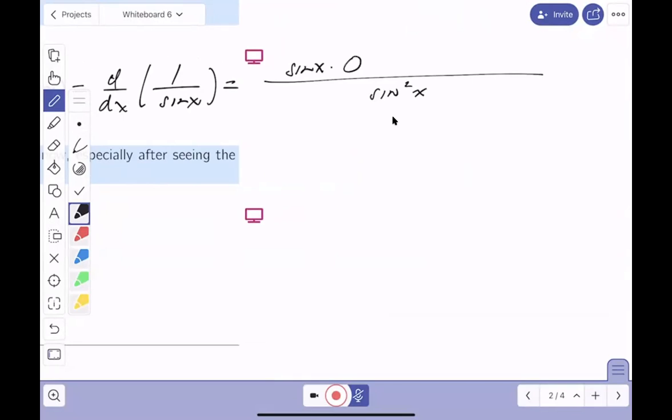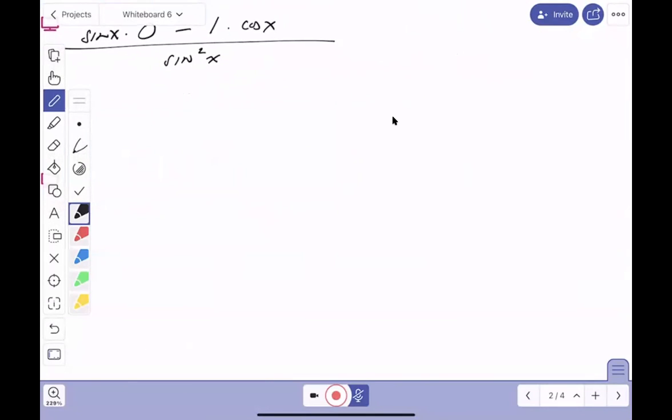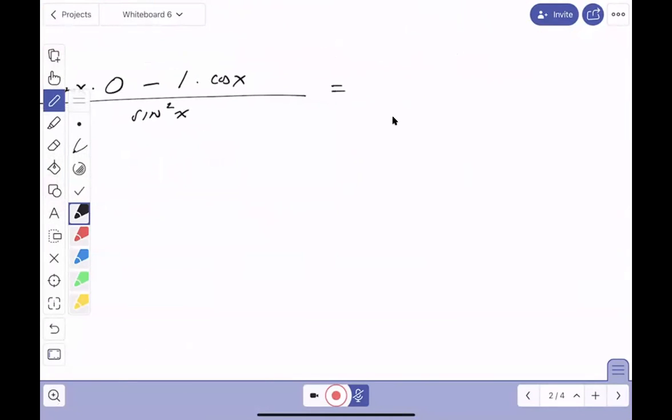The top is 0 minus the top times the derivative of the bottom, which is cosine. So what do you get over here? On top, you get minus cosine x, and on bottom, you get sine x times sine x, which I recognize to be minus the cotangent of x times 1 over sine, which is cosecant of x.